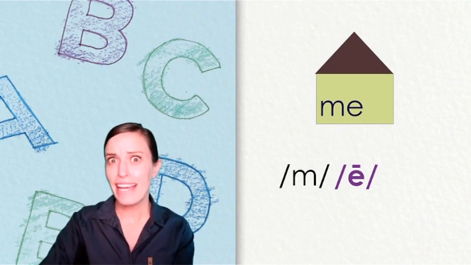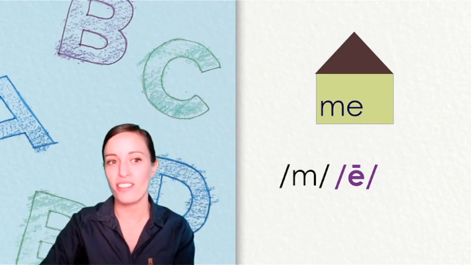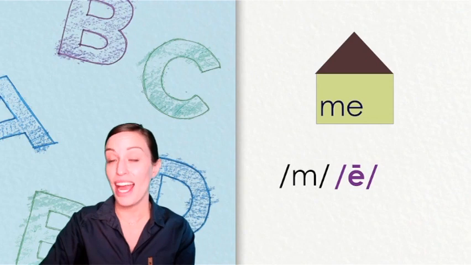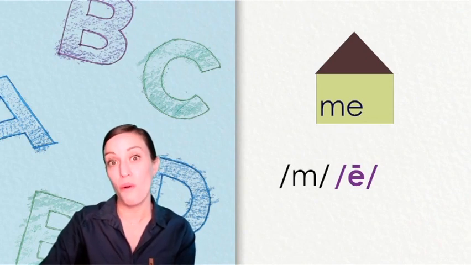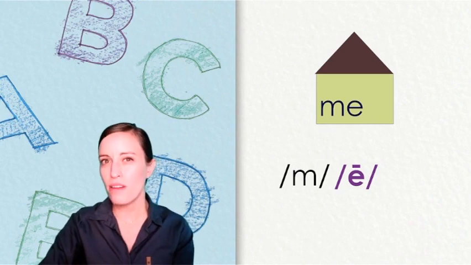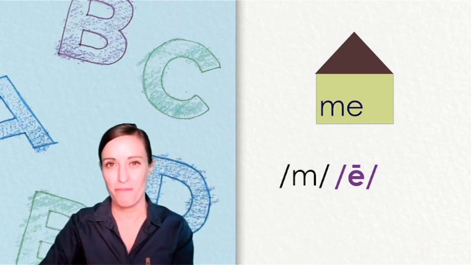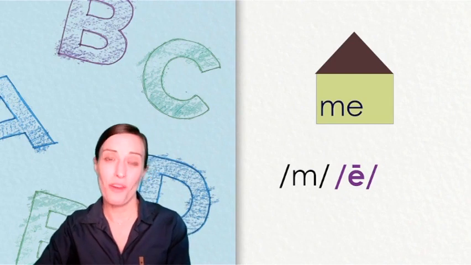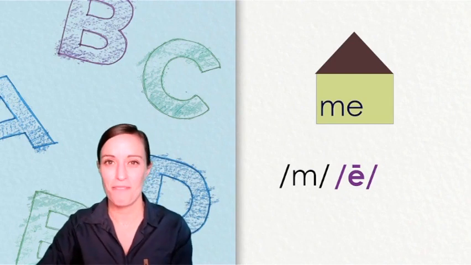That means the E can shout its name for all to hear. When you look at the house, you can see that the door has opened, and that makes this an open syllable word. And open syllables have long vowel sounds. Let's look at another word together to practice this again.